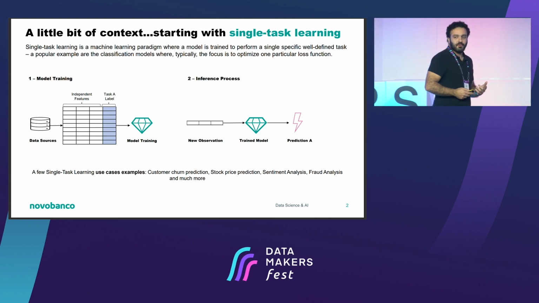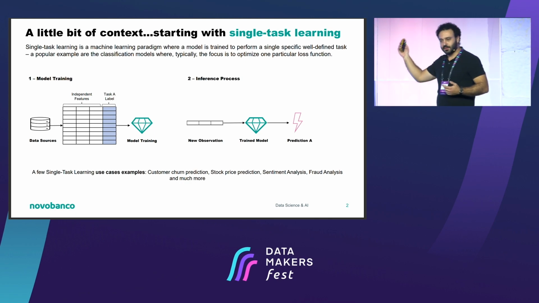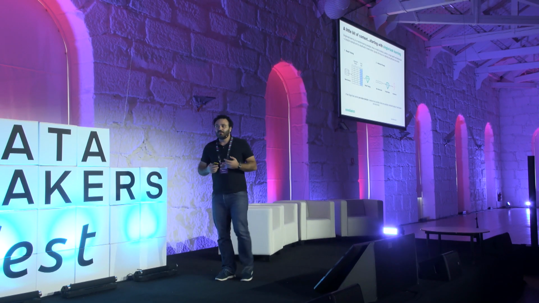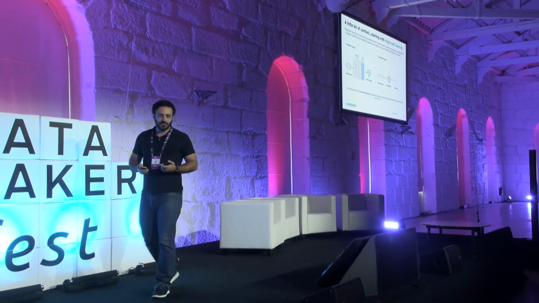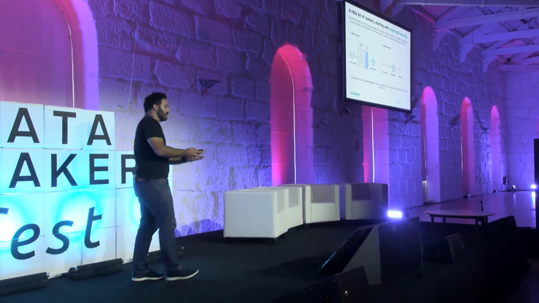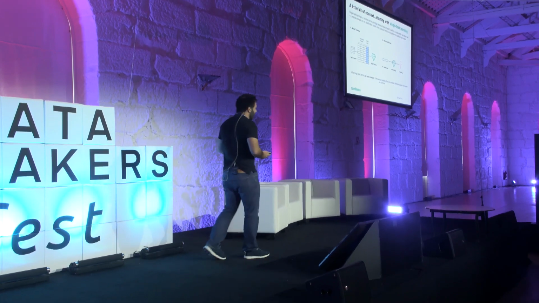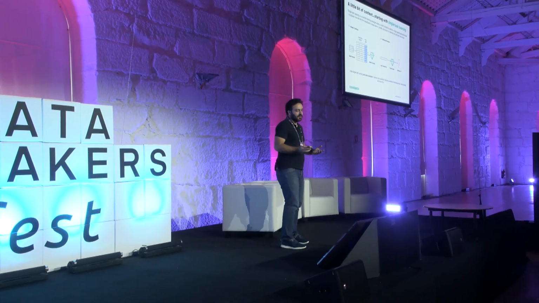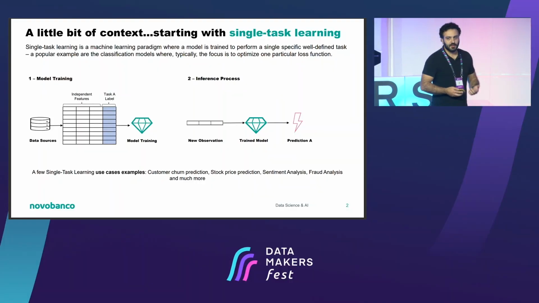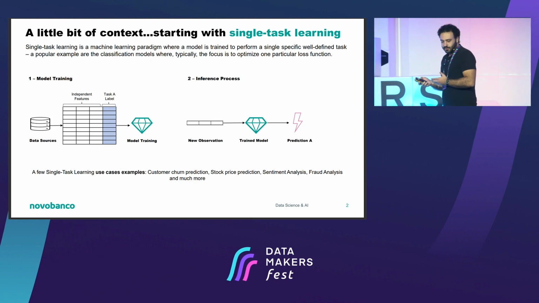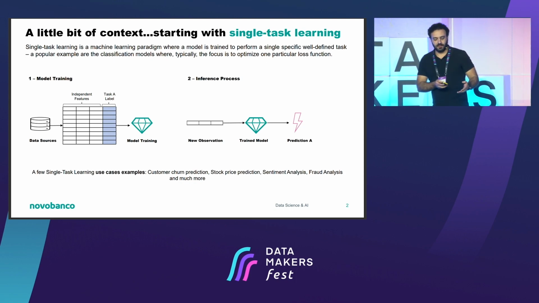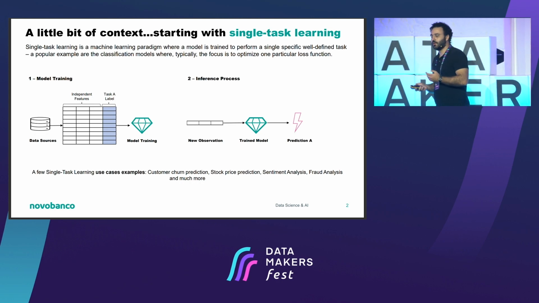And what are these other algorithms? In a supervised learning context, where data is labeled, what we typically find in most use cases is single task learning, so a single task model. And what is this single task model? It's a model where you provide some independent features and the labels or the target, the dependent feature, and then during the training phase, it's able to link an observation to a category of the target.